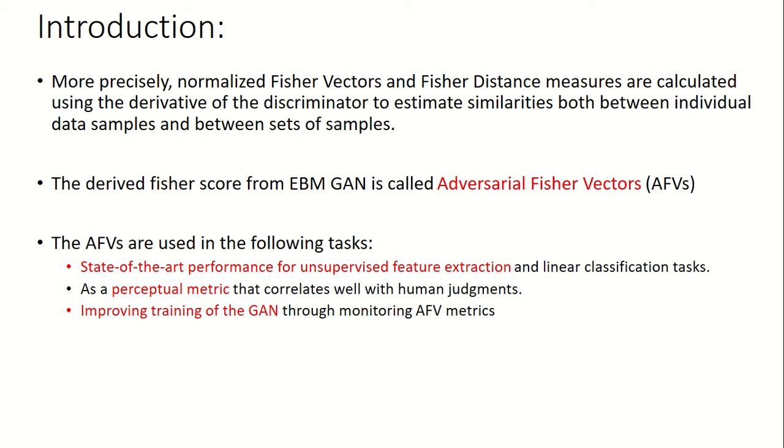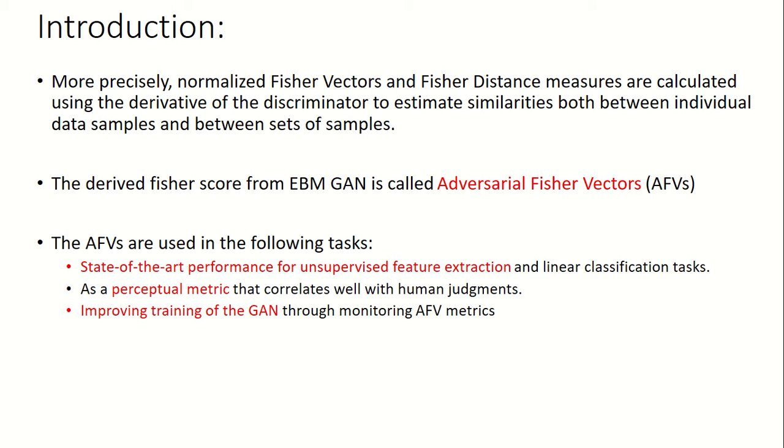And the Fisher vector or Fisher score or Fisher information theory is a theory that can help us take advantage of the fact that the discriminator is modeling data distribution. So in this paper, the authors named these Fisher scores calculated from the derivative of the discriminator adversarial Fisher vector.